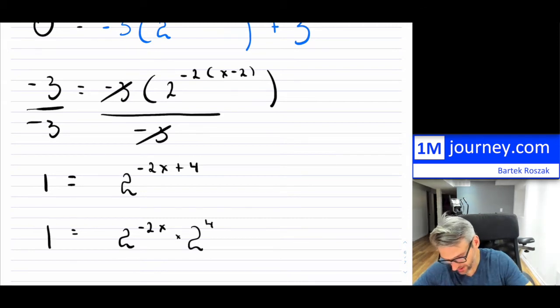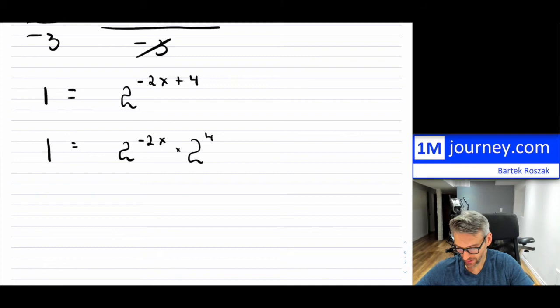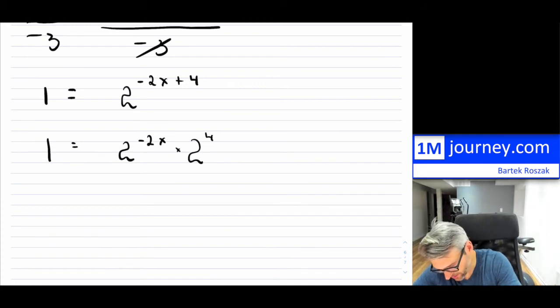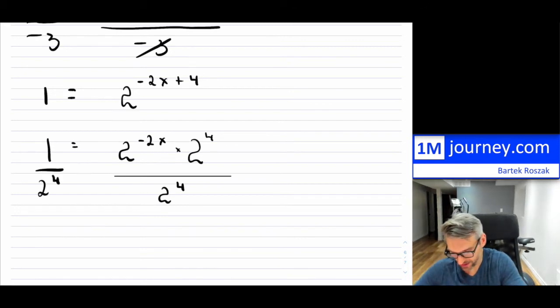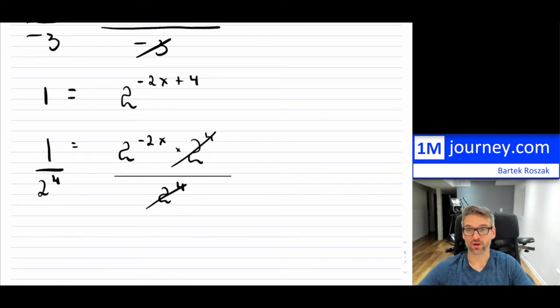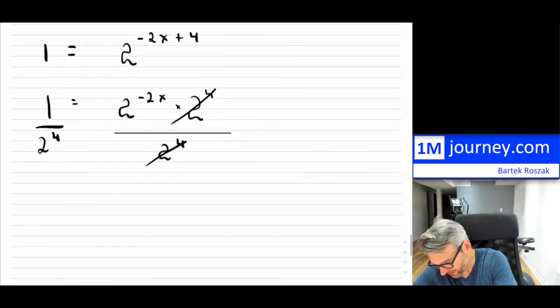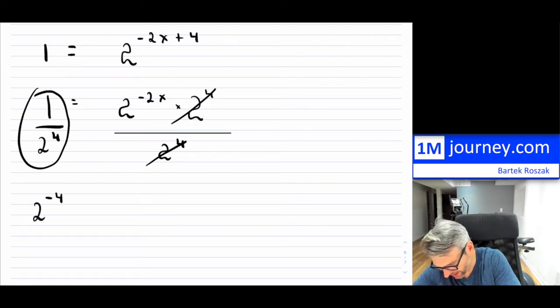This is solvable. Now divide by 2 to the 4 on both sides, so that 2 to the 4 is gone. This is where your exponent rules come into play. So this is 2 to the negative 4 equals 2 to the negative 2x.